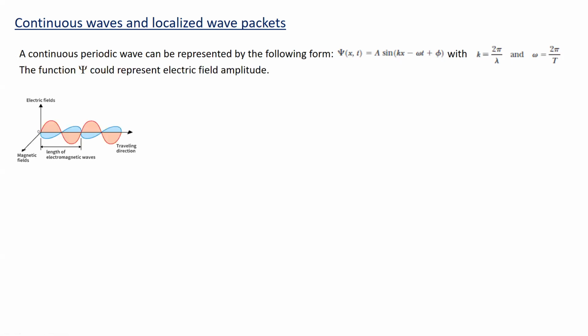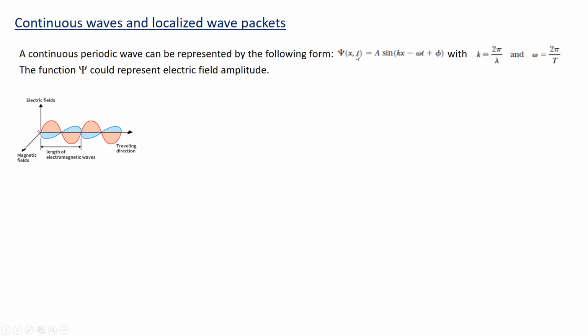So this function psi could represent any number of waves, water waves, sound waves, but let's concentrate on it representing electric field amplitude. Here is an electromagnetic wave traveling in this direction from left to right, oriented in the vertical direction.